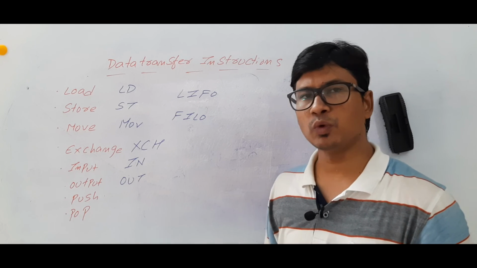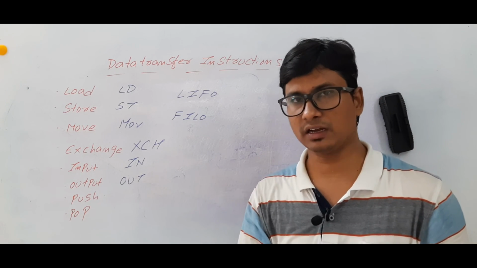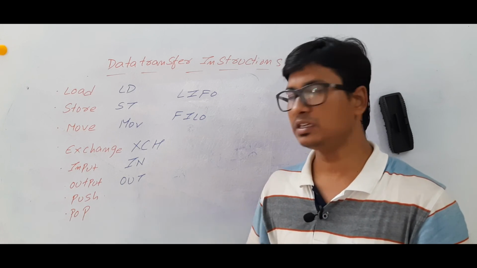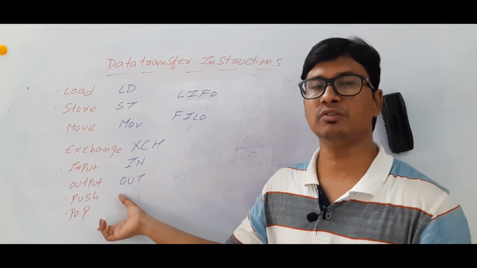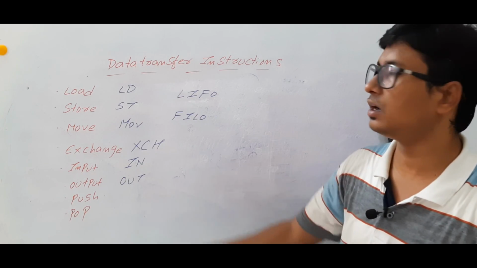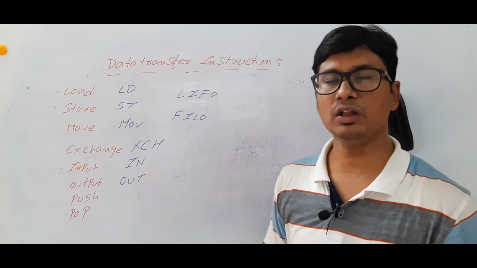Okay, then you can ask me what is push and pop. Push is nothing but inserting an element into the stack, and pop is deleting the topmost element from the stack. Okay, so these two instructions will be useful whenever you are working with the stack. So these are the various data transfer instructions. I hope you have understood all these instructions.